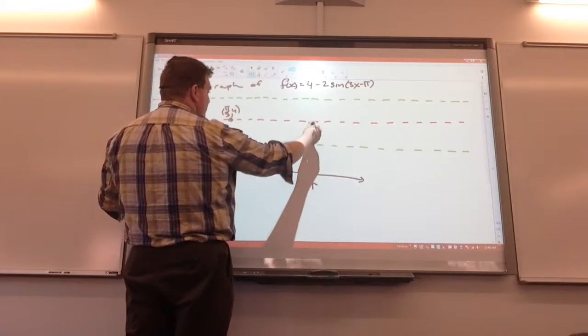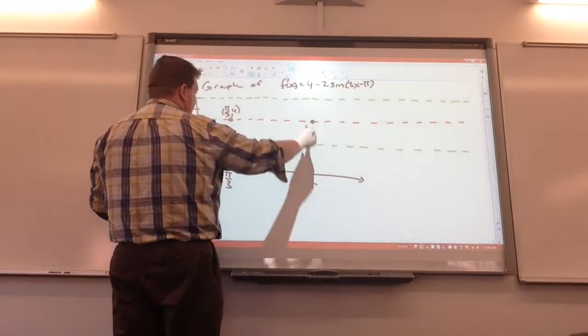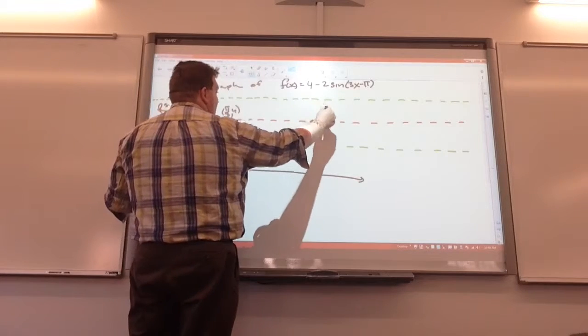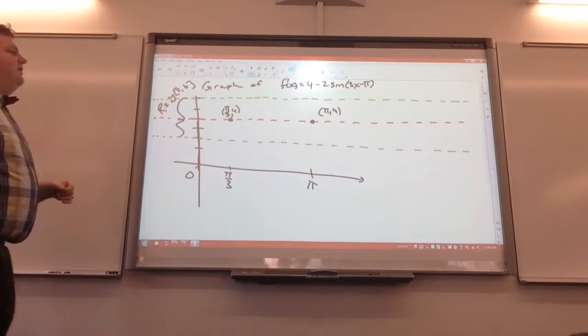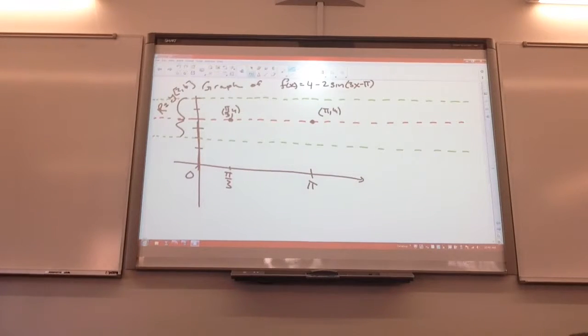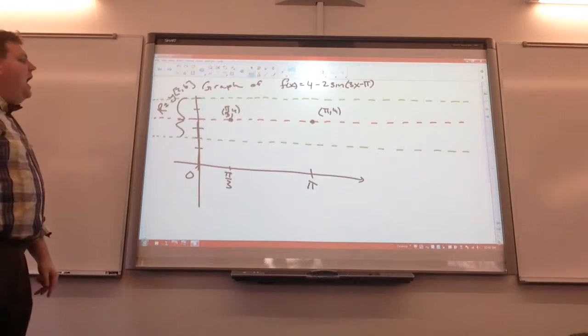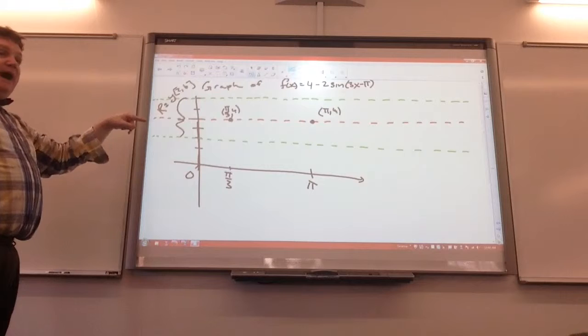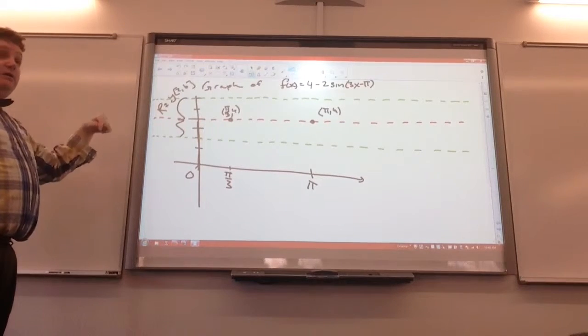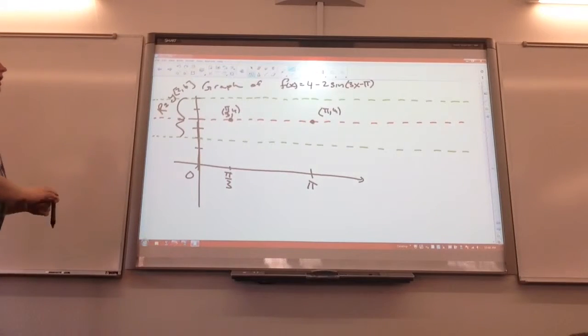This scale is not going to be very good; I'll have to do a better job in the future graphing these things with a scale, because obviously doing it by sight is not going to work well. So that means that between pi over 3 and pi, we're going to have one full cycle of this graph.